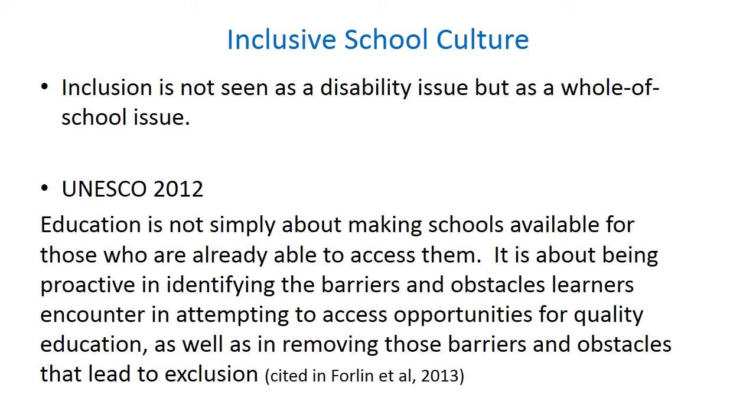Here we have a statement from UNESCO, the United Nations body, about education. It's not simply about making schools available for those who are already able to get to them. That's one of the things around the world, trying to think about how we make schools welcoming to all.